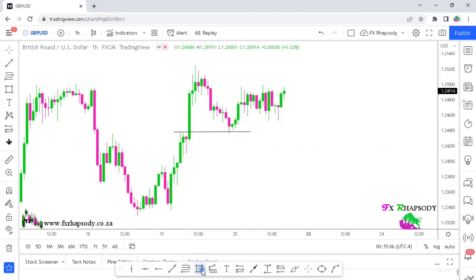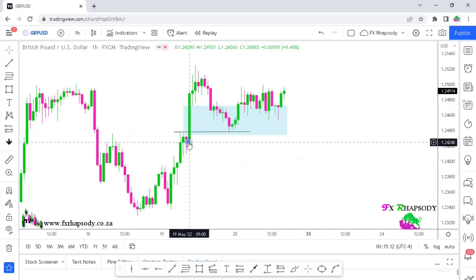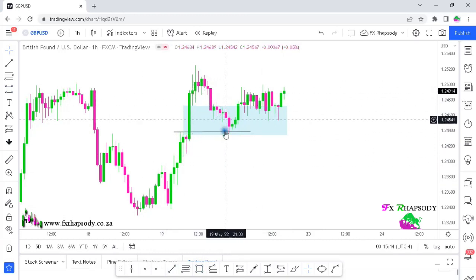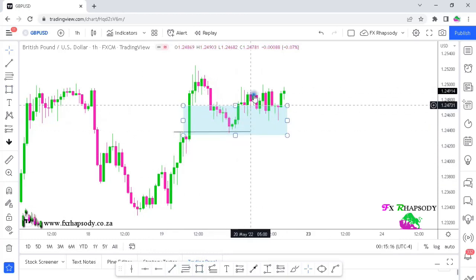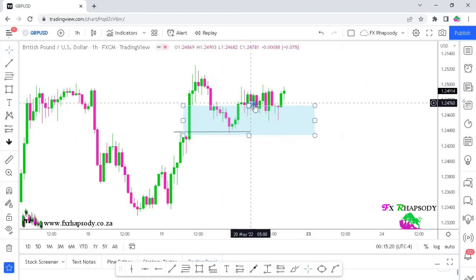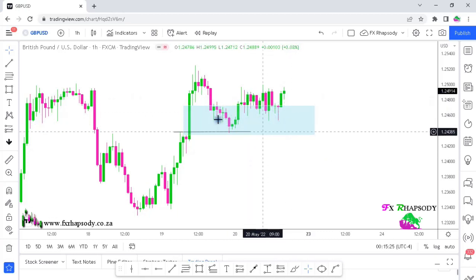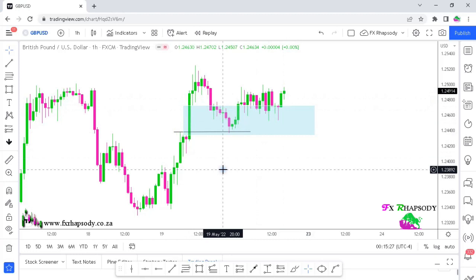So a fair value gap being created in that area. As you can see, price going up, coming back into that fair value gap area, and now price is consolidating, obviously, because it was towards the end of the last week, price consolidating in that area. So anything is possible, guys.